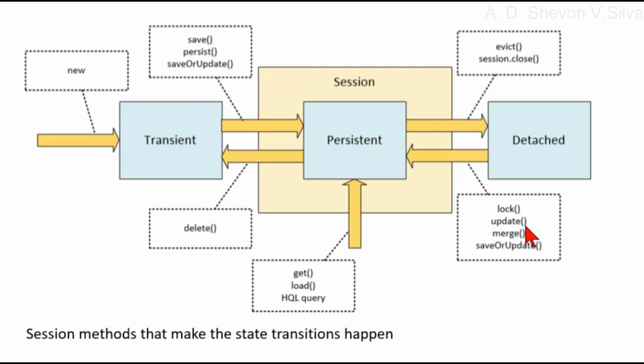Its return type is void. The update method transitions the passed object from detached to persistent state. This method throws an exception if we pass it a transient entity.